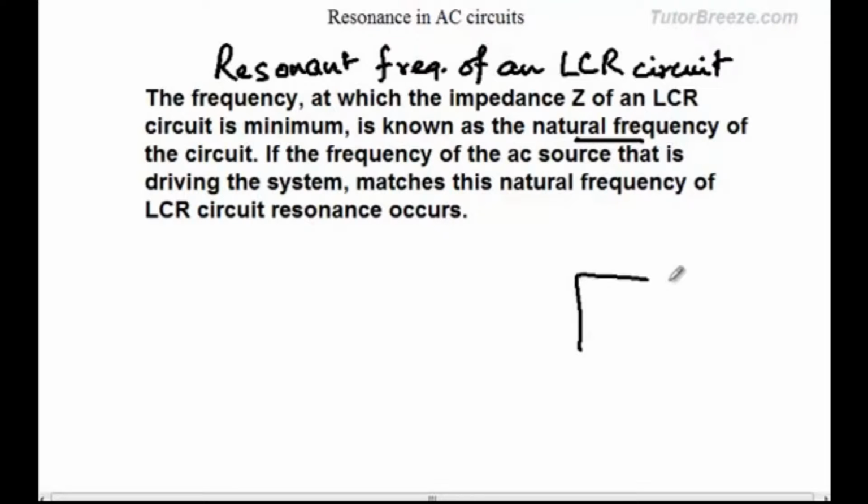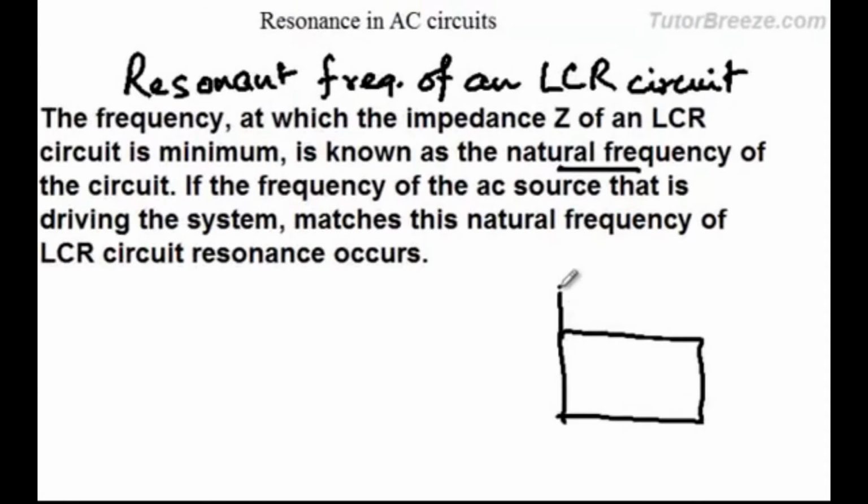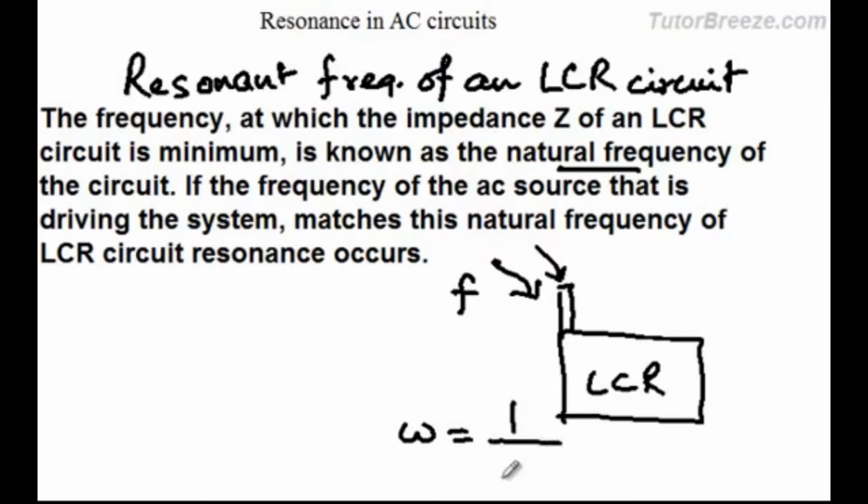For instance, in case of a radio set, the incoming frequency has a particular value f, and the natural frequency of the LCR circuit of the radio, omega, is given by 1 over under root LC.